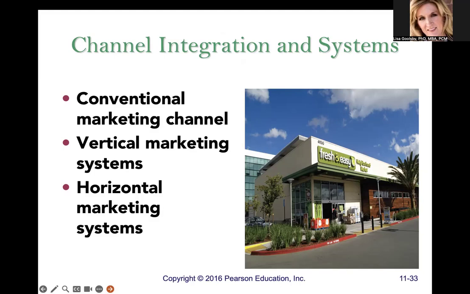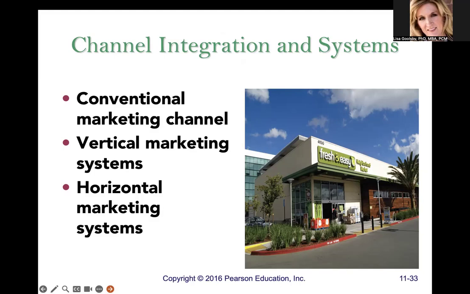If you looked at a vertical system, that's where everyone is unified. If you looked at a horizontal marketing system, people are unrelated, but they're working together to take advantage of an opportunity.